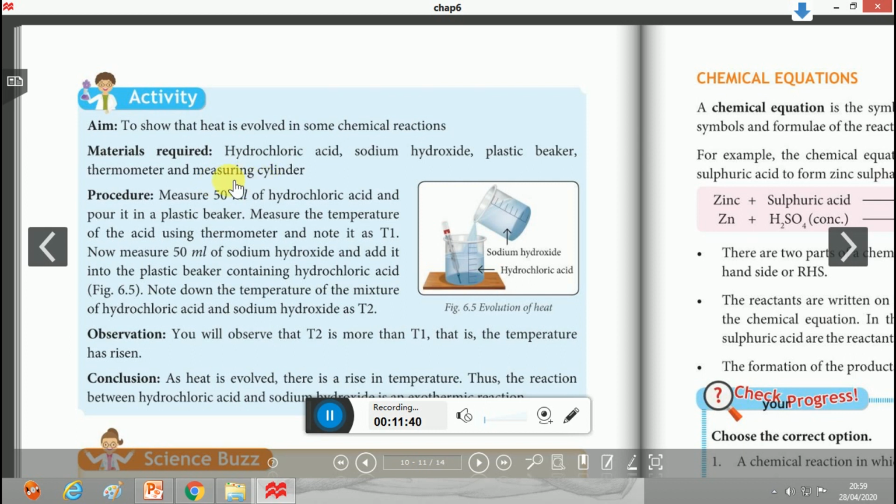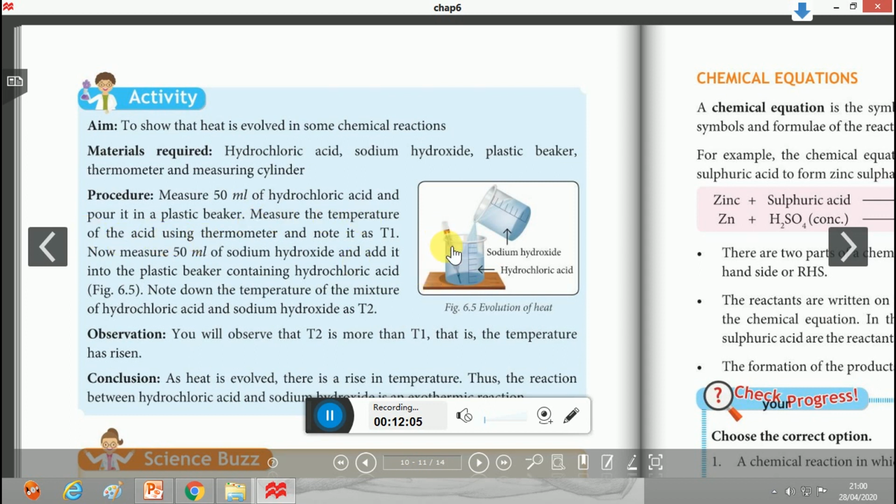How much volume we require, 10 ml, 20 ml, 50 ml, like this, milliliter, these are units of volume. Procedure: measure 50 milliliters of hydrochloric acid. This is a graduated beaker. With the help of this you can easily measure like 10, 20, 50, this way.